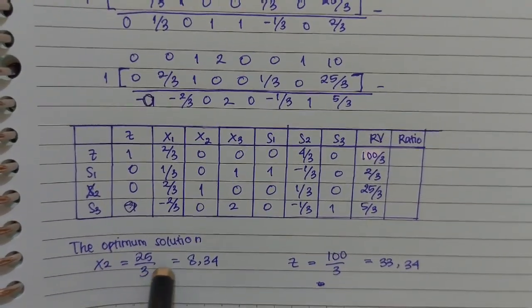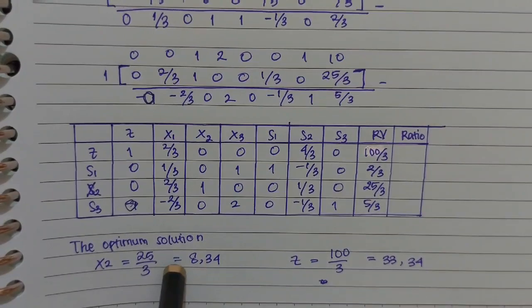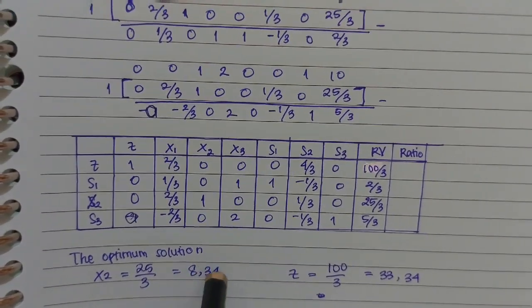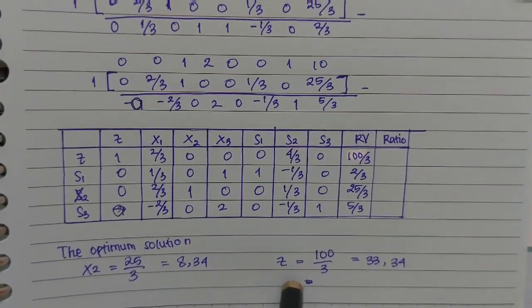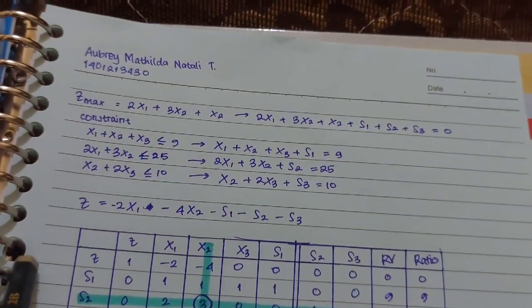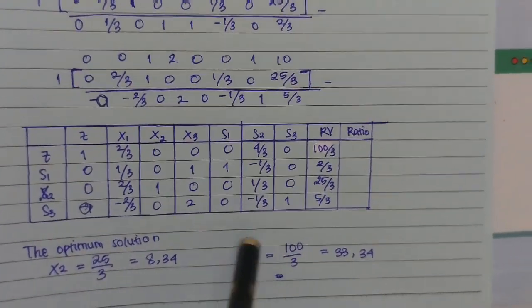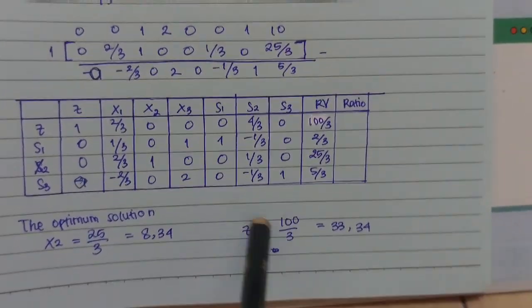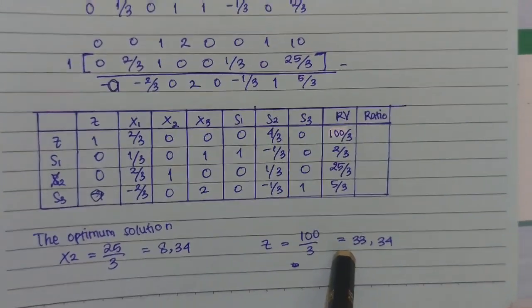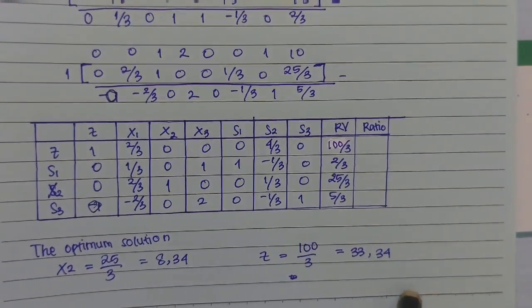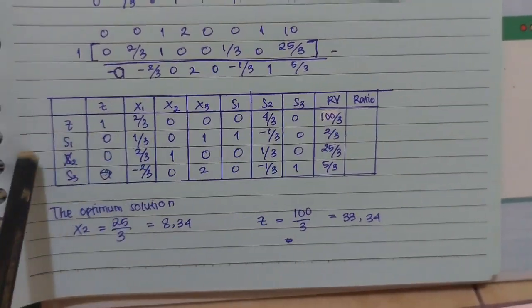So we put here 25 per 3 is equal to 8.34. And our objective is the z, right? So we put z here. The ratio of the z is 100 per 3, which is equal to 33.34. This is the result.